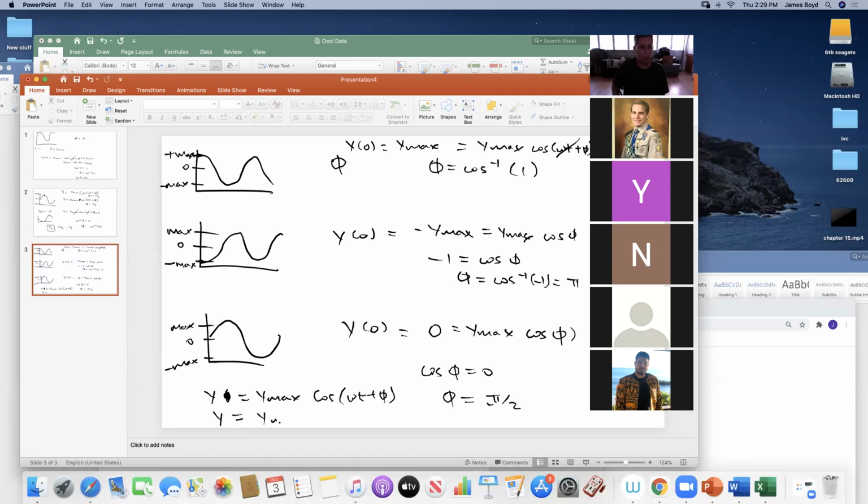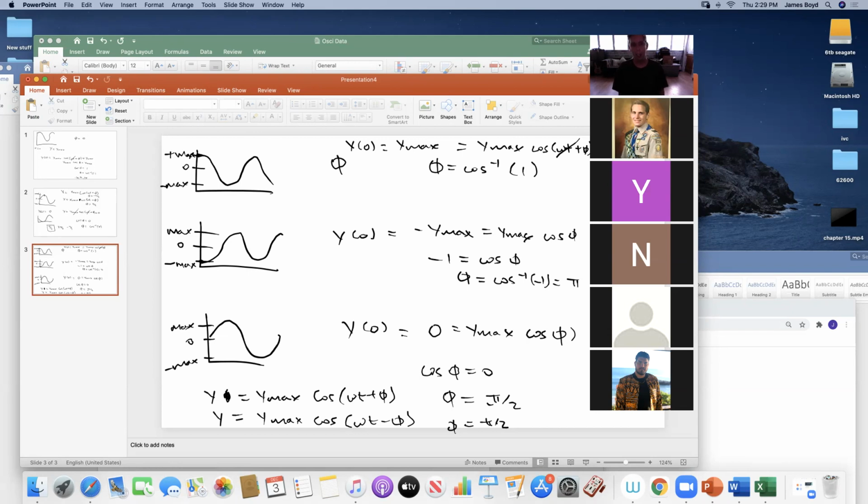If y is y max cos of omega t minus phi, as it should be, then phi is pi half. And I'm sorry, that's just a problem your book has that you'll see when you do wave equations. It has to do with the direction of the wave. We're assuming the waves are traveling in the positive direction, and therefore it should be a negative, but your book has a positive. I can't do anything about that.